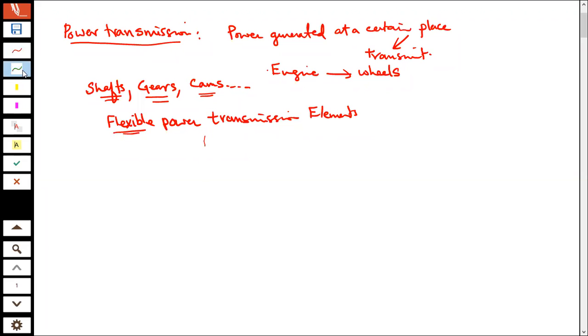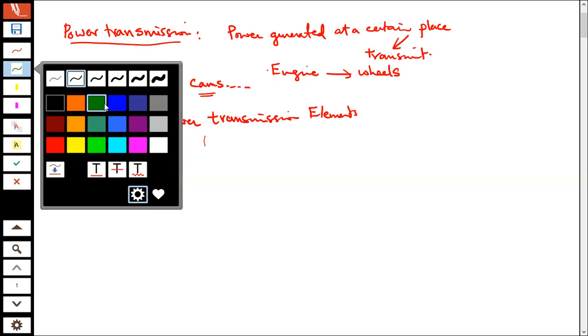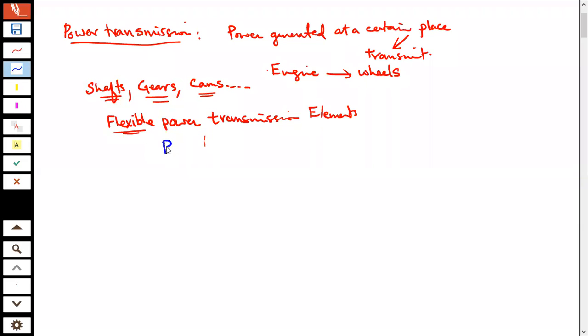And those flexible power transmission elements include belts, chains, ropes, and there are also flexible shafts. Okay?